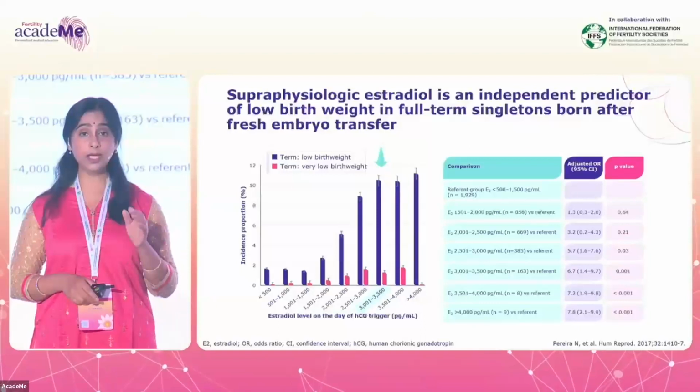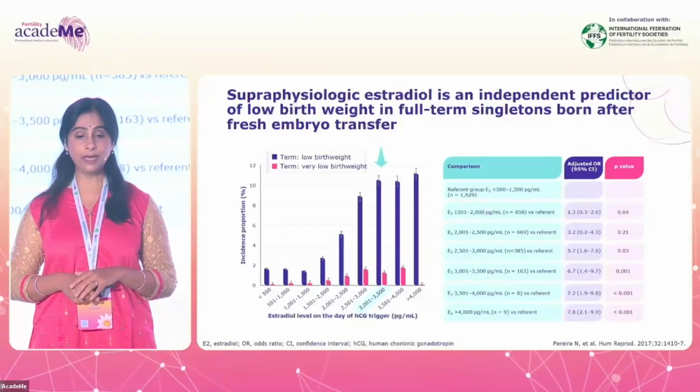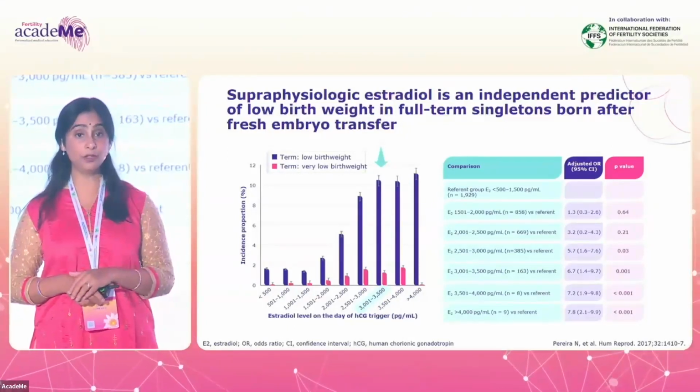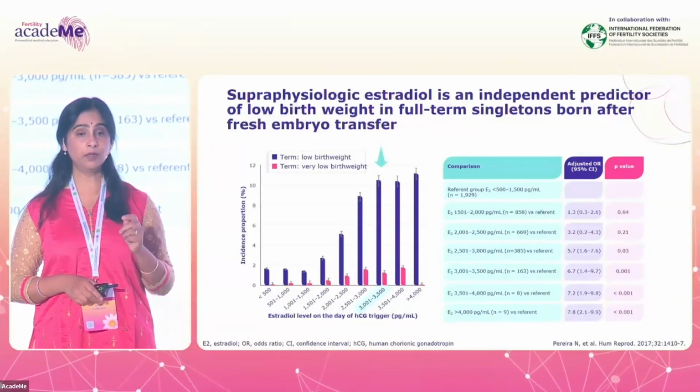And here they're looking at estradiol levels in a fresh transfer cycle and birth weight. And what they found is that when there are very high supraphysiological levels of estradiol and you have a fresh embryo transfer, there is a higher risk of low birth weight.